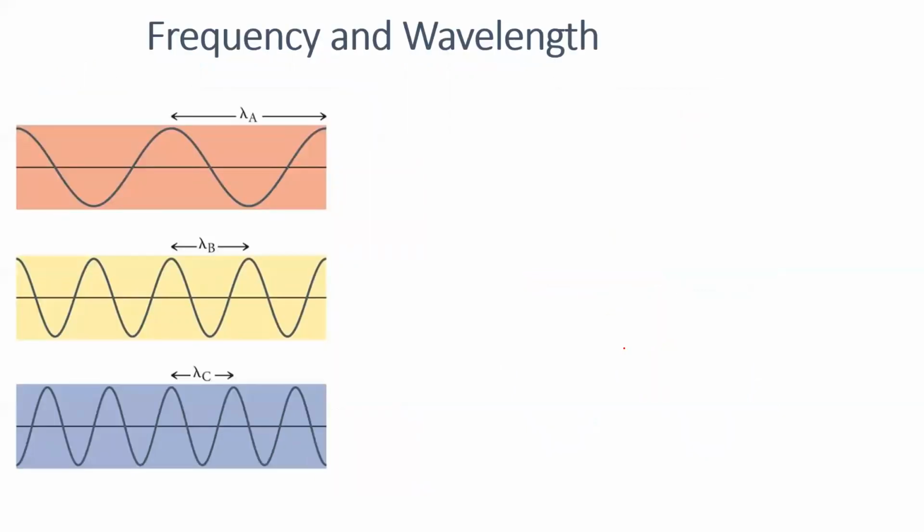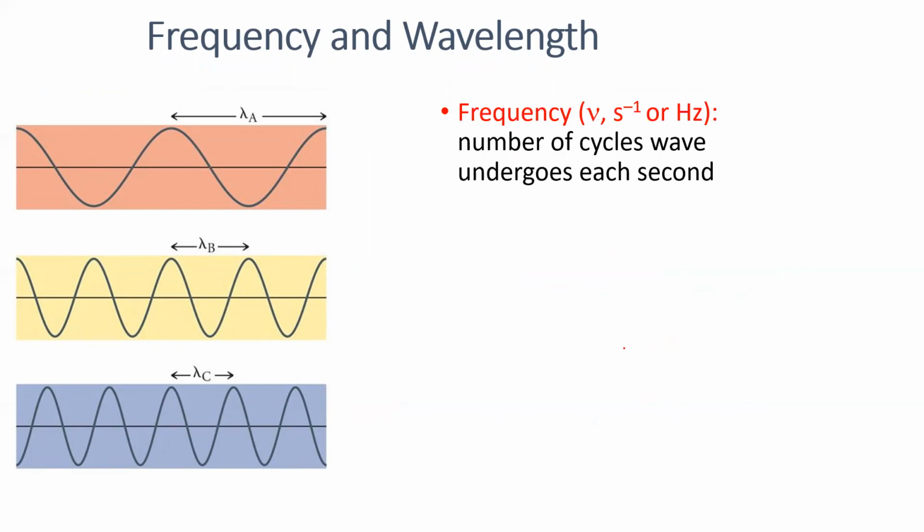Now, what about frequency and wavelength? So frequency is per second. We use this new Greek symbol, and the per second or hertz is basically the number of cycles of waves per second. So you can think of it as me basically picking a reference point in space. And in 1 second, how many of these peaks, how many of those cycles pass this reference point per second?